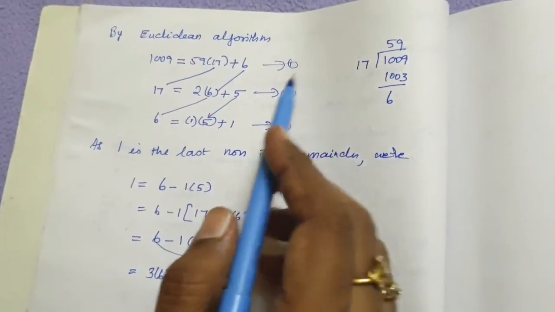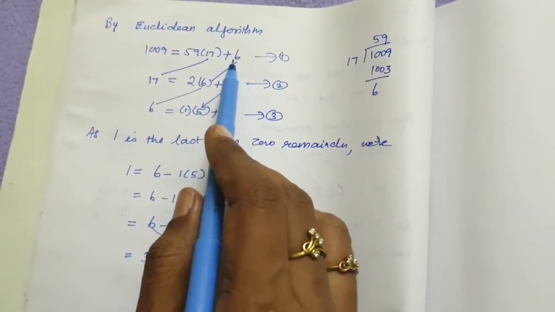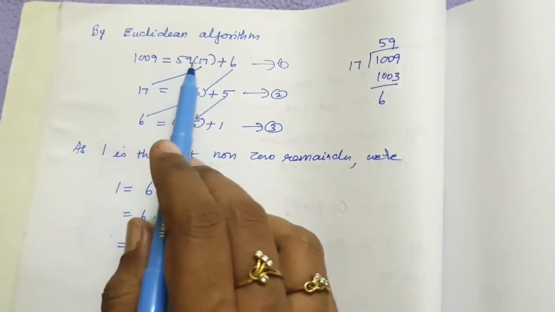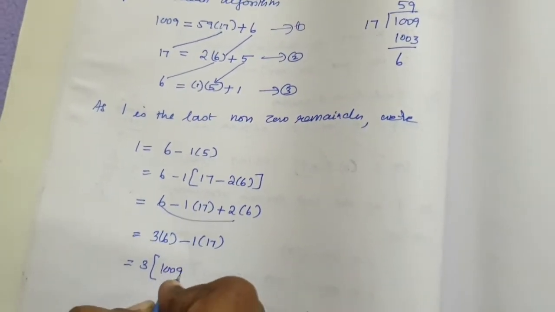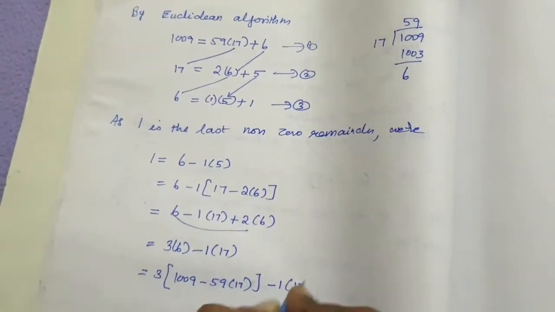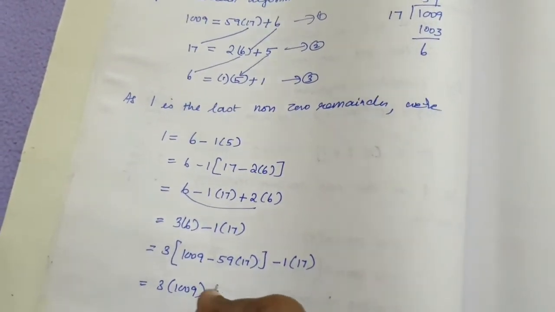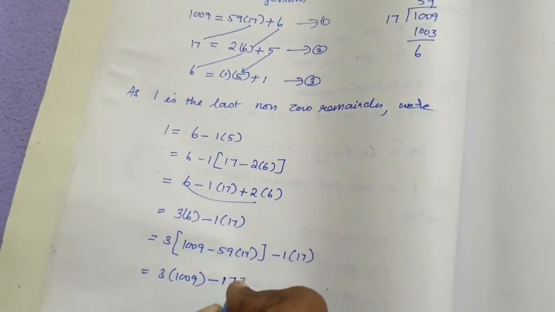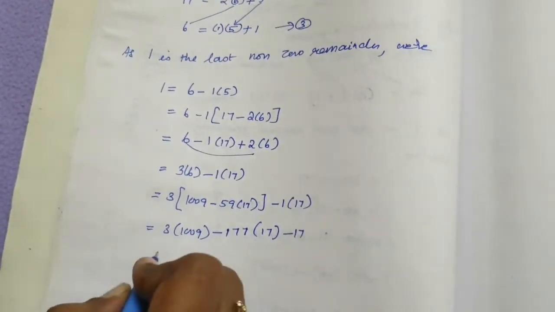Now substitute from equation 1 the remainder 6, which is 1009 minus 59 times 17. So 3 times 1009 minus 59 times 17, minus 1 times 17. Here 3 times 59 is nothing but 177, so 177 times 17 minus 17.